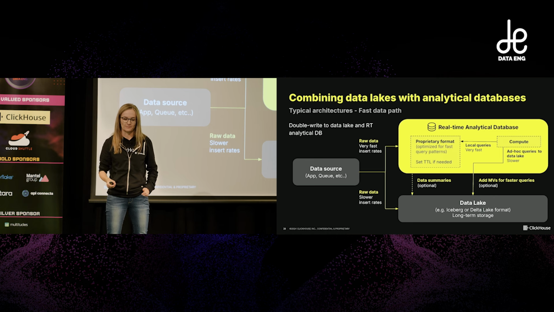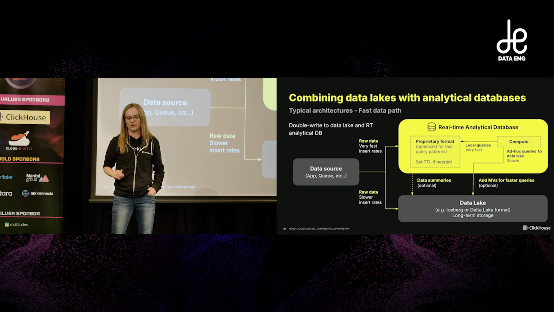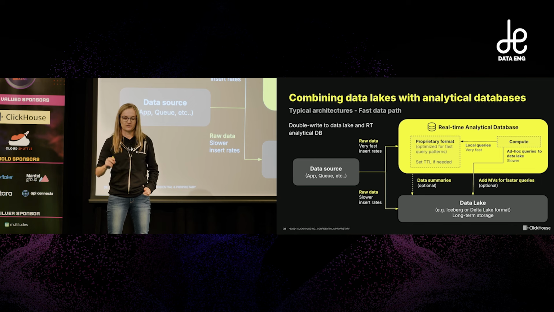That's what ClickHouse does. One other trick that I've seen really help is creating materialized views on top of the data lake inside the real-time analytical database. So even access to that data gets much faster. Finally, optionally, you can write data summaries to the data lake so that other systems can benefit from faster queries, basically taking your materialized views and maybe materializing them into the data lake.